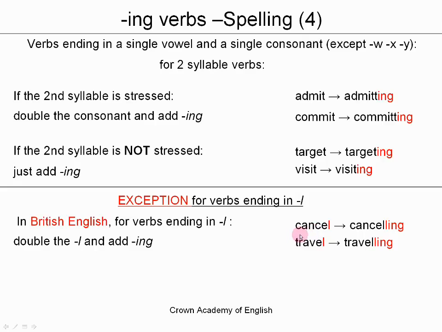It's a two syllable verb, single vowel at the end, single consonant. It's a letter L, so we double the letter L and we add ing. And it's the same for travel. Travel, we double the L and we add ing.